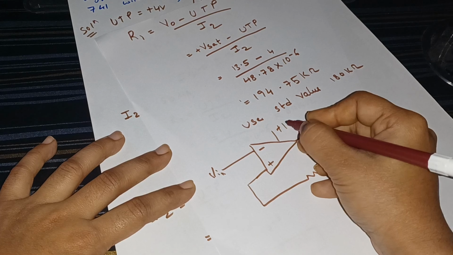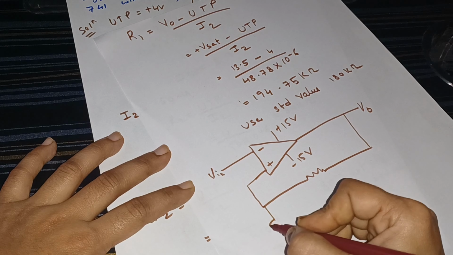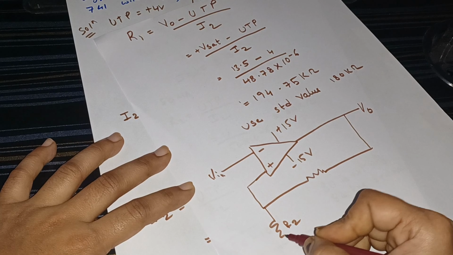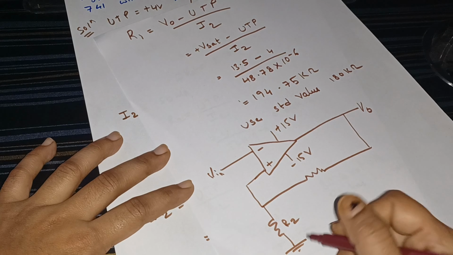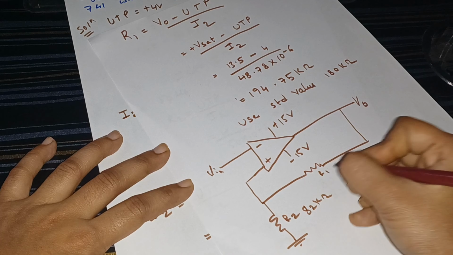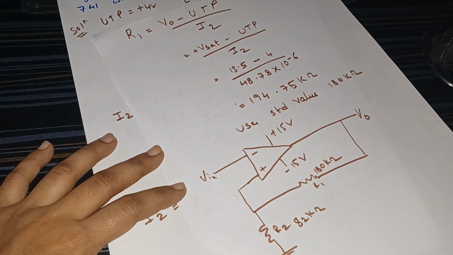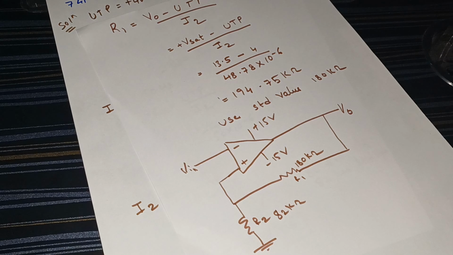So plus 15 volt, minus 15 volt, and the resistor 2 is given as a voltage reference, which is 82 kilo ohm, and this R1 is 180 kilo ohm. So this is our final answer.